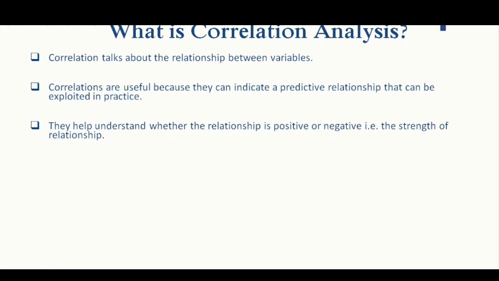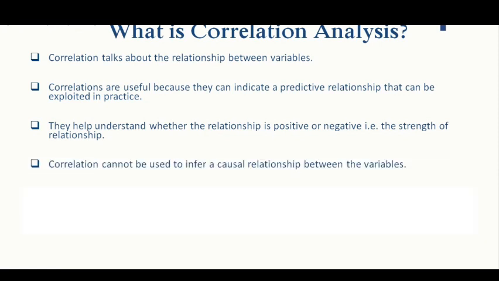They help understand whether the relationship is positive or negative. By that we mean that if one variable increases, the other also increases, then we call that the relationship is of positive nature. Height increases, weight of the person increases, so height and weight can be considered as positively correlated. We will see the details of this type of relationship and the different types of relationships in due course of time.